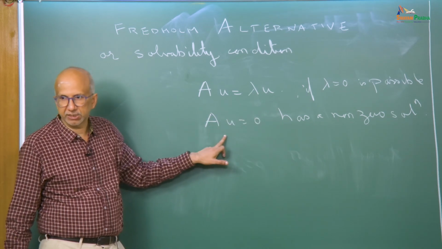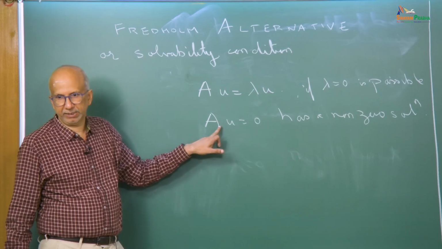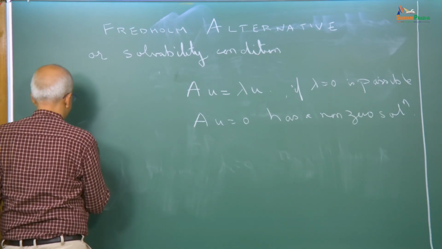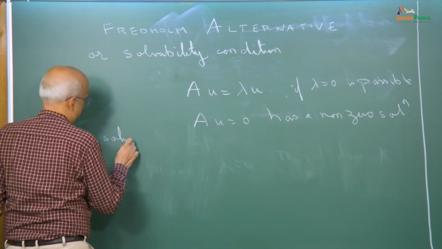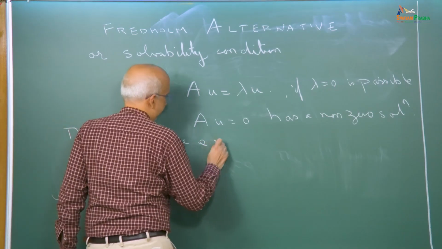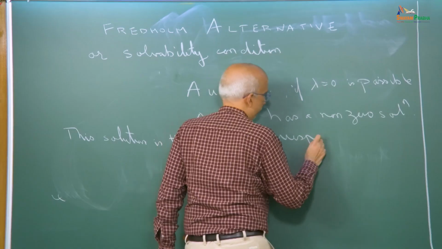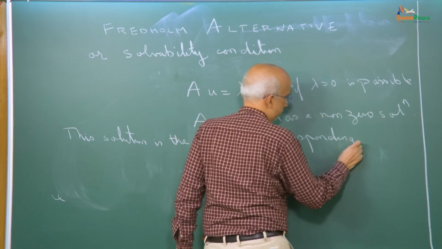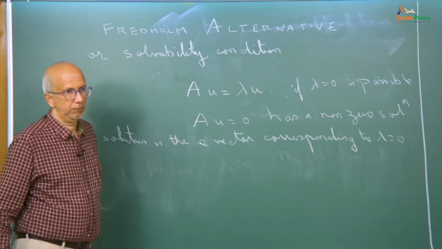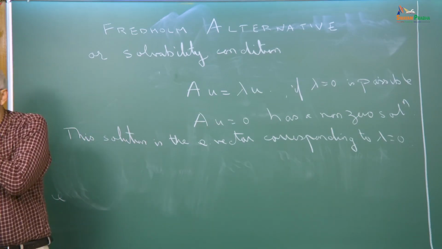The solution that I get, the non-zero solution, is the eigenvector corresponding to lambda equal to 0, okay. So, Au equal to 0 has a non-zero solution.